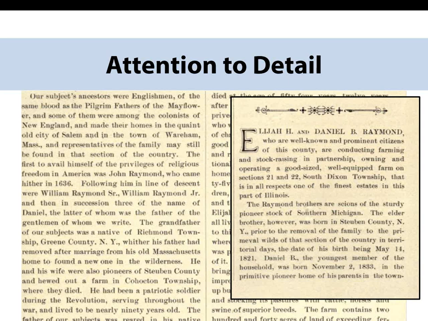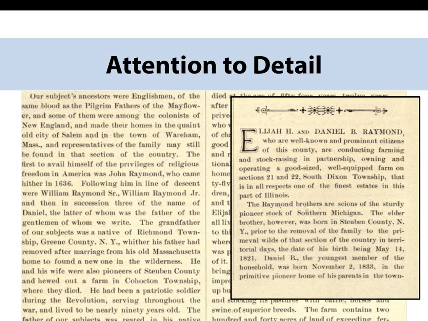And in one of the first lines of this sketch, they claim, quote, "Our subjects' ancestors were Englishmen of the same blood as the Pilgrim Fathers of the Mayflower, and some of them were among the same colonists of New England, and made their home in the quaint old city of Salem and in the town of Wareham, Mass." The sketch then goes on to claim, "The first to avail himself of the privileges of religious freedom in America was John Raymond, who came hither in 1636."